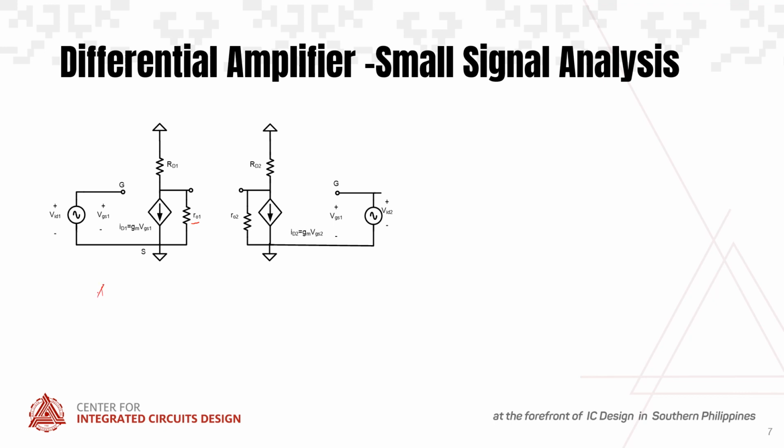So the differential gain, considering the channel length modulation, will be negative GM RD parallel RO. Given that they are symmetrical and equivalent, RO1 is equal to RO2 and RD1 is equal to RD2, which is equal to RD. So next we'll have an example of this calculation of the gain of the differential amplifier.